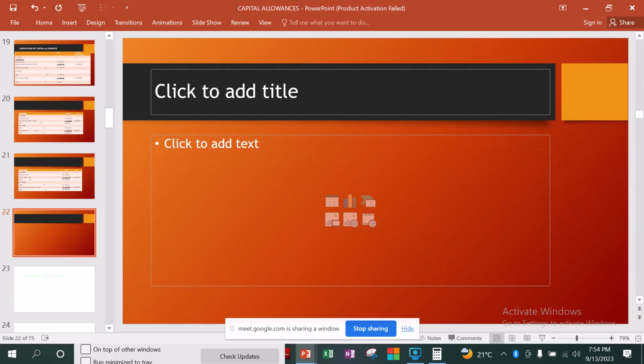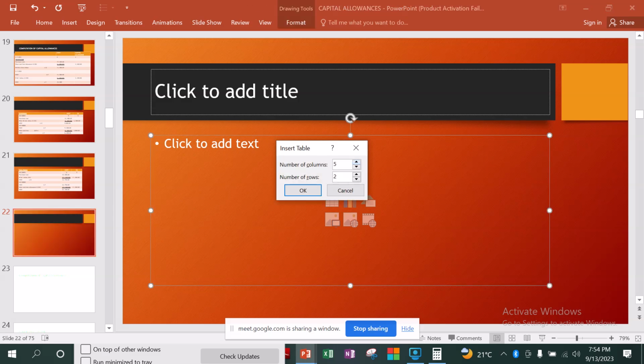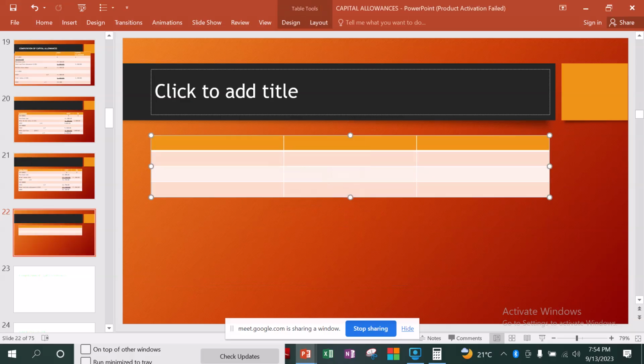So this one came in the 2022 charge year.